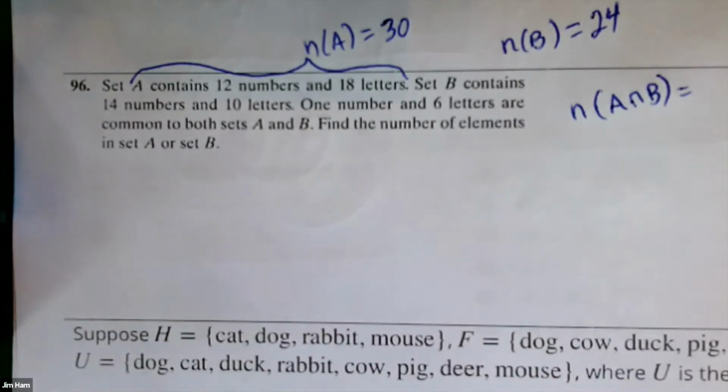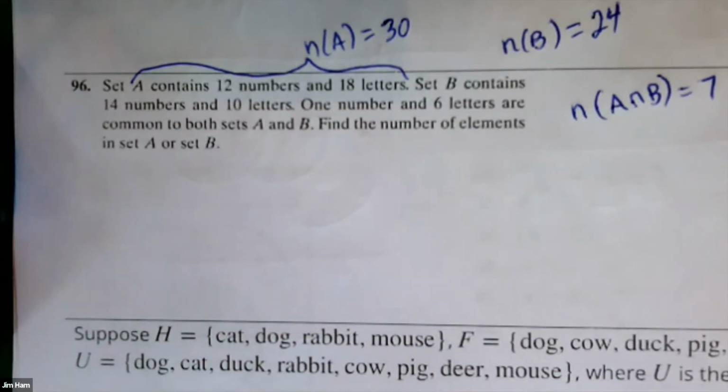The definition of intersection is elements that are common to both. And here they say there's one number and 6 letters. Get the idea? All those 7s? Yeah, number is 7. So you can see how we're making connections and making sense out of intersection and union, using things like common to both and joining them together.